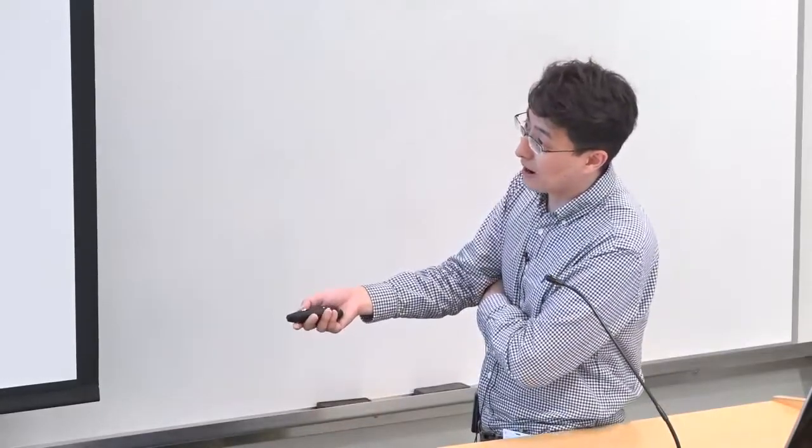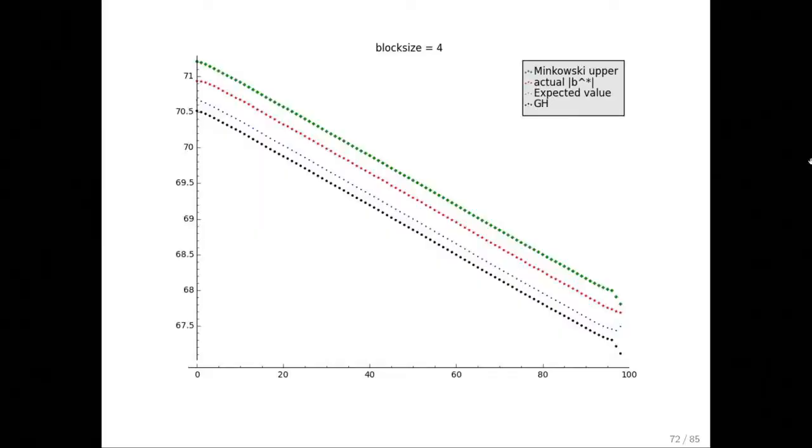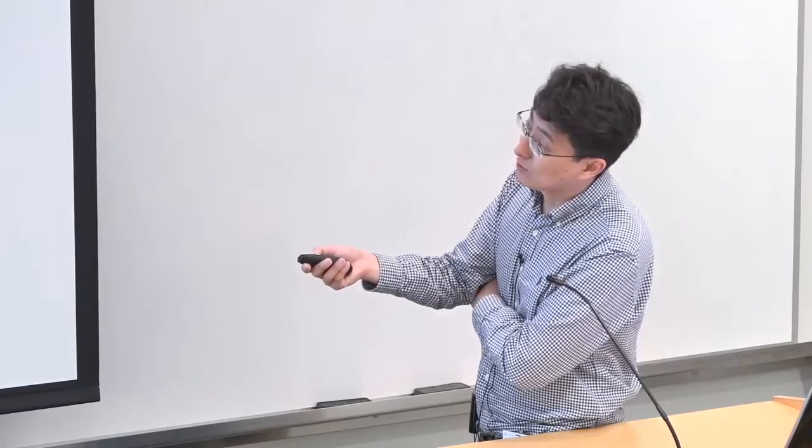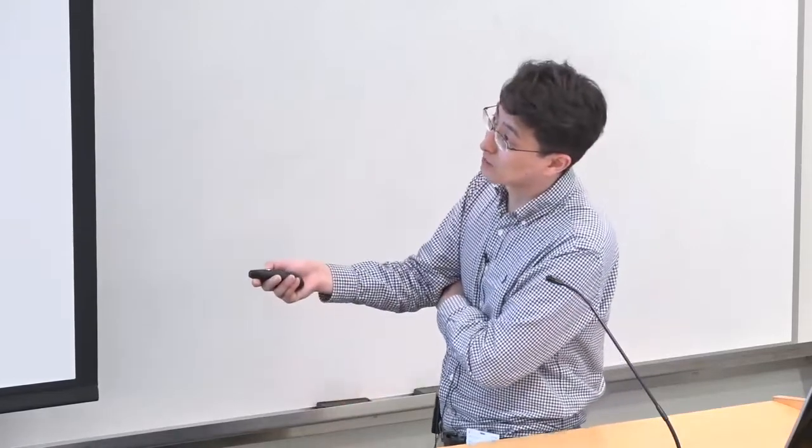To show this, I have a picture. The most important features are the actual Gram-Schmidt norms, which are in the red line, and the Gaussian heuristic, which is in black. For average case analysis, we should expect that the red line, as the block size increases, essentially matches the black line.